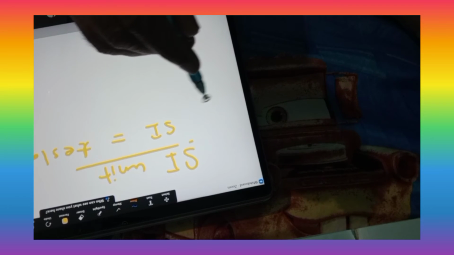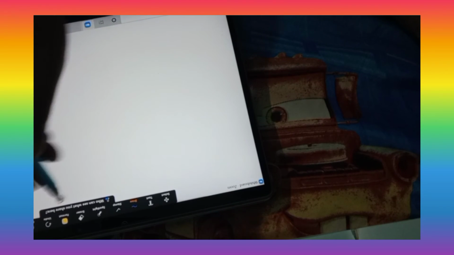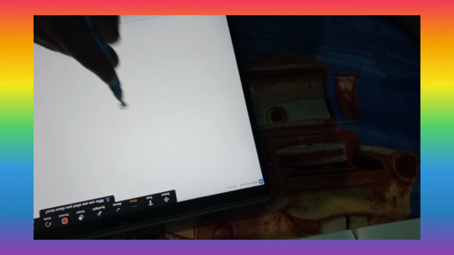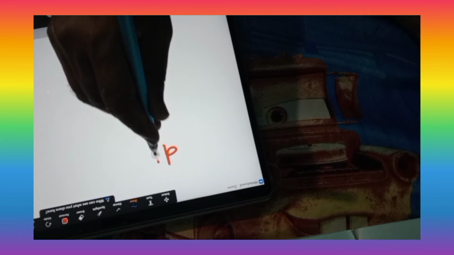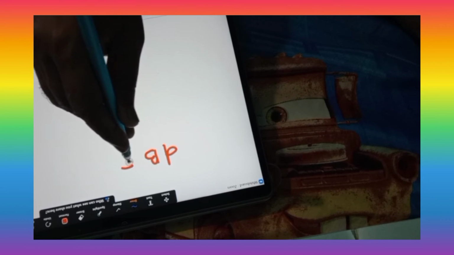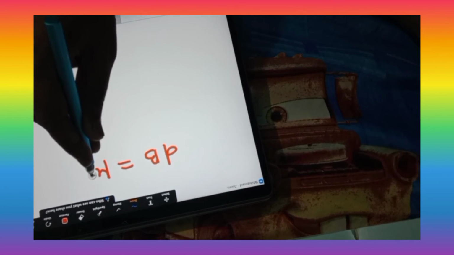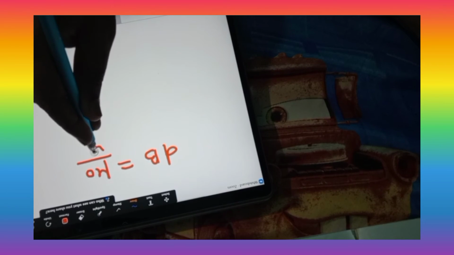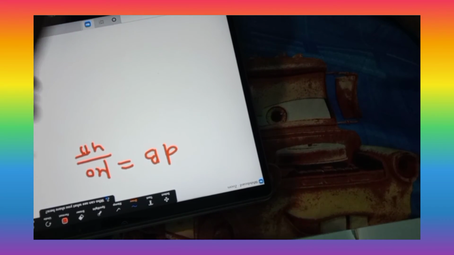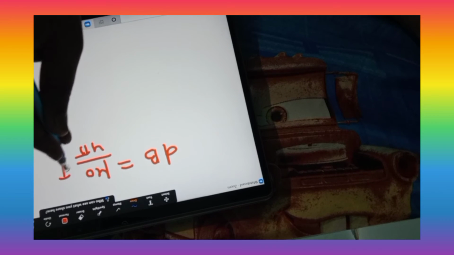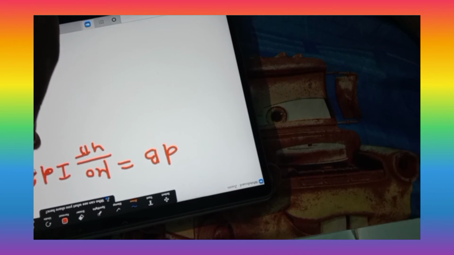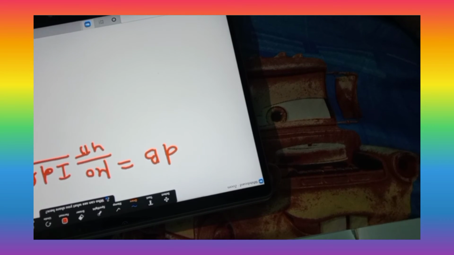And as per the derivation we know, dB, the magnetic field, is equal to mu 0 divided by 4 pi into I into dl into sin theta divided by r square.